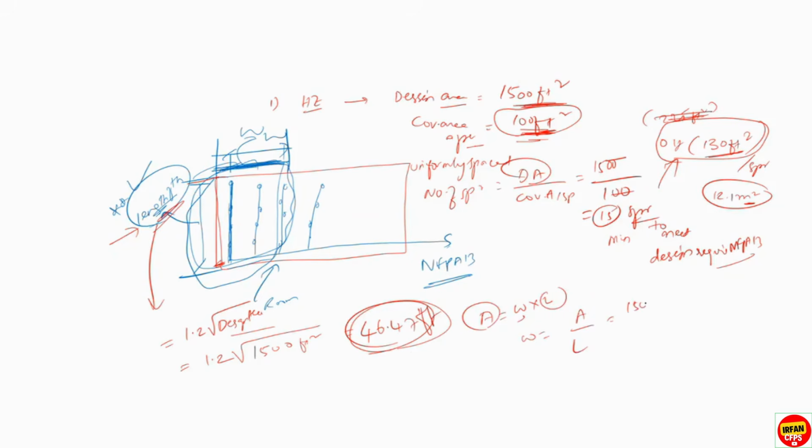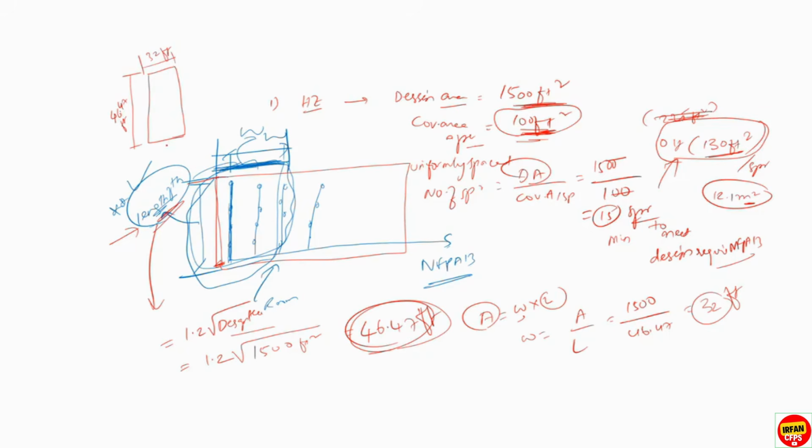What is the area? 1500 square feet divided by length, 46.47. So 1500 divided by 46.47, you will get 32 feet. So it means our design area is 46.47 feet in length and the width is 32 feet.